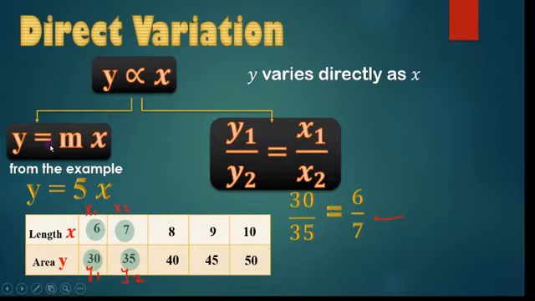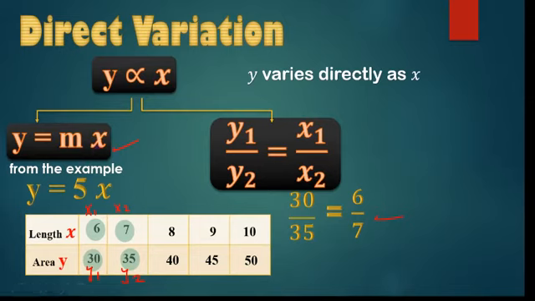If the question asks you to write the relation, then you have to use y equals mx. If there is a missing term, then you can use the ratio rule. But the better one, the general rule for all problems, is y equals mx. I can solve any problem by using y equals mx.